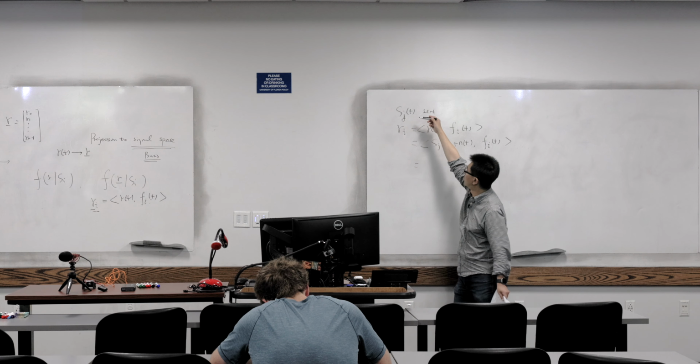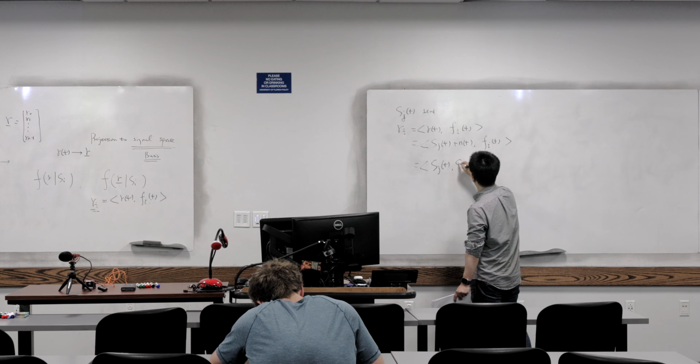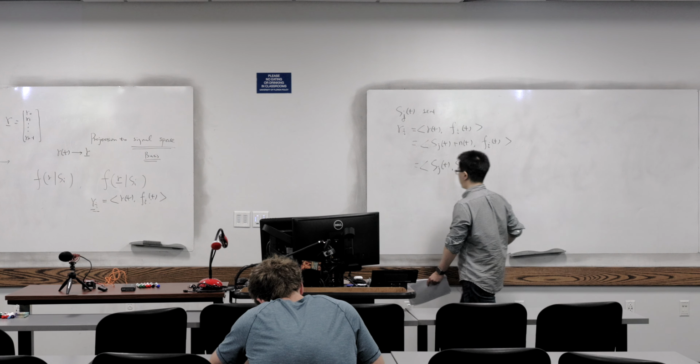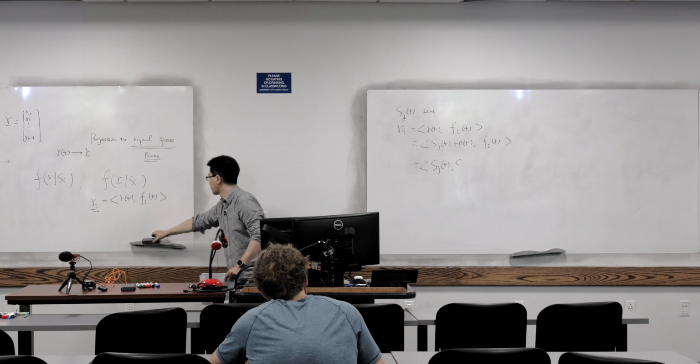Great. Given this, it would be equal to the inner product between Sj of t and Fi of t, and then add the inner product between n of t and Fi of t.